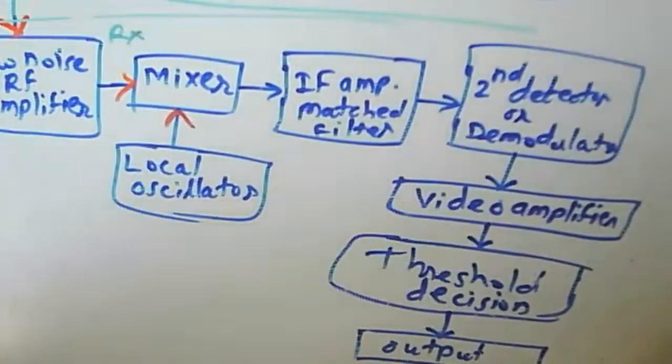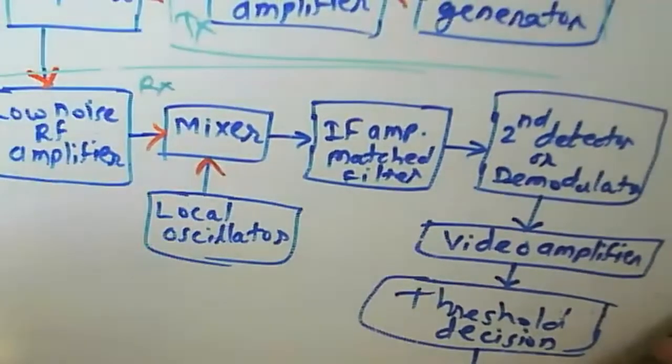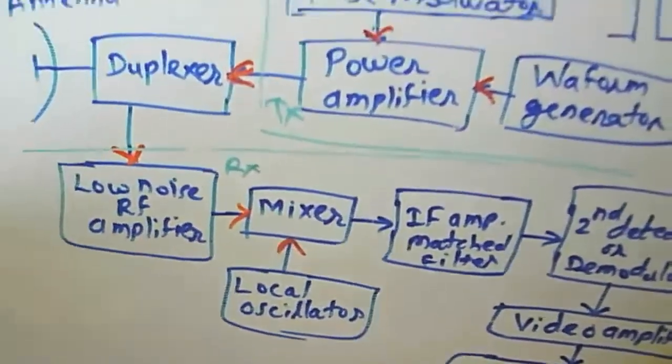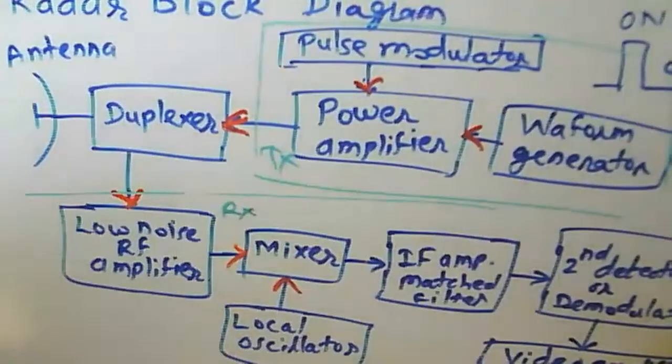Now next we continue the discussion regarding the different frequency ranges used by the radar. In most cases, we consider radar useful for military applications. But radar is also useful for different aeronautic applications, air traffic control and so on.